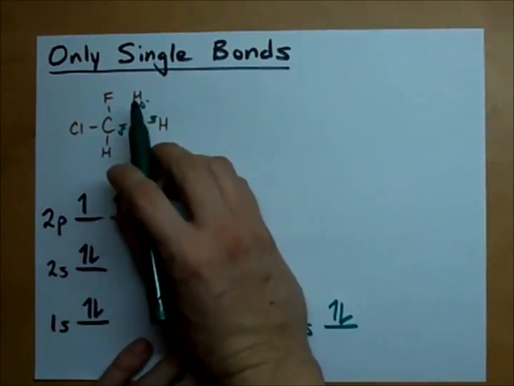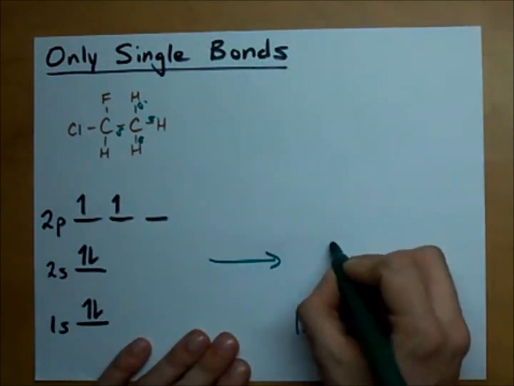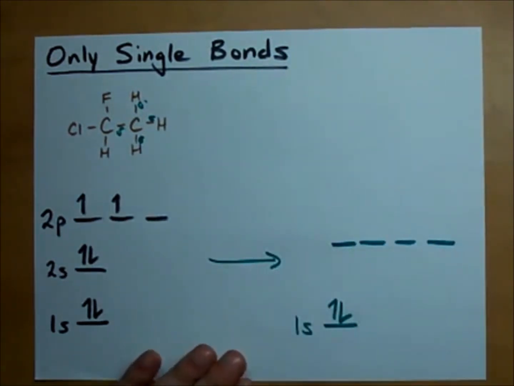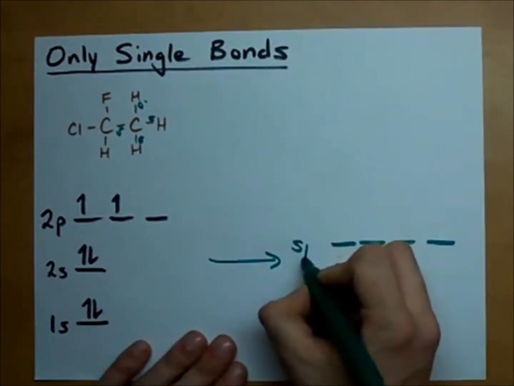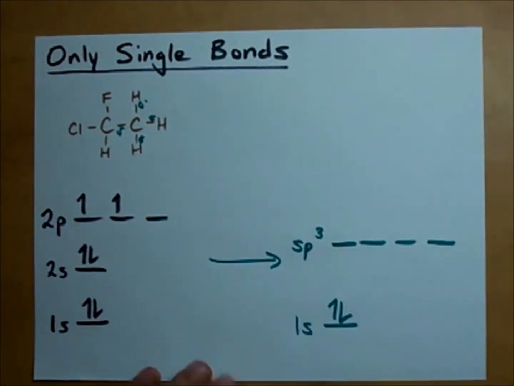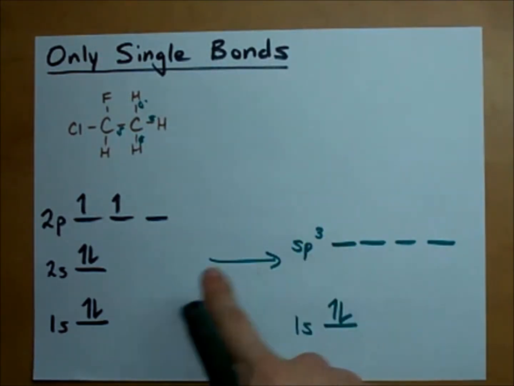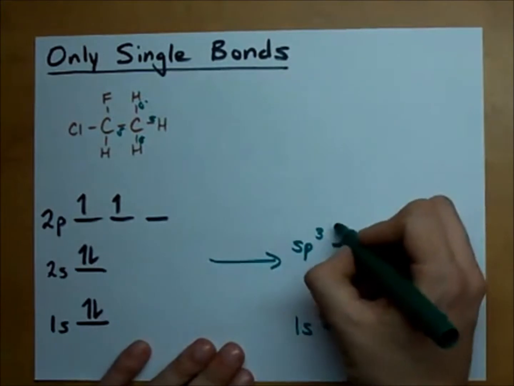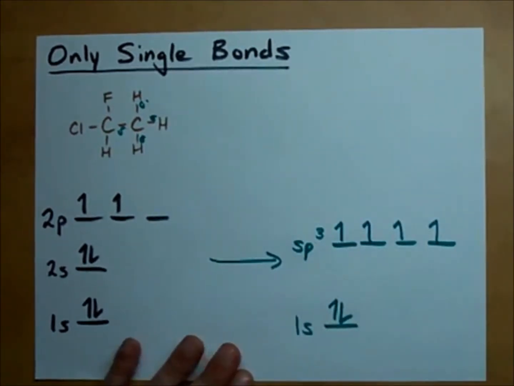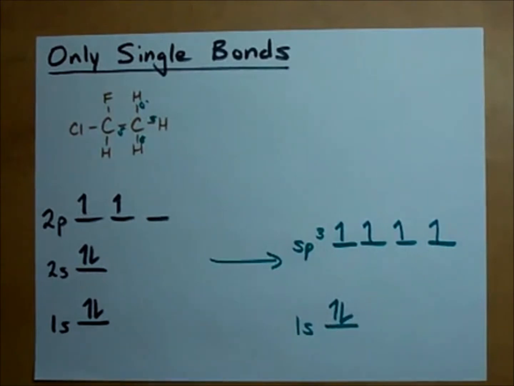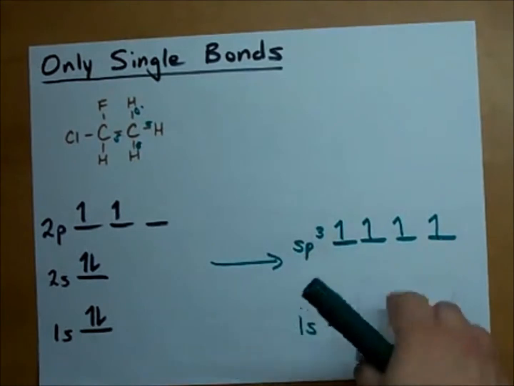When this carbon that has only one sigma bond hybridizes, the 1s orbital is left alone, whereas the 2s and 2p's combine to make the 4 openings for 4 sigma bonds. 1, 2, 3, 4. That requires 1s and 3p. We end up with 4 sp3 orbitals.